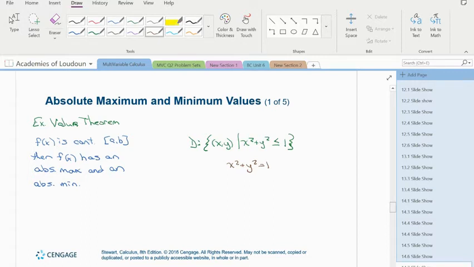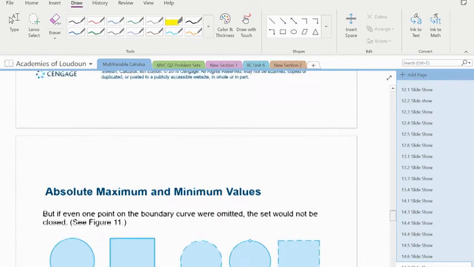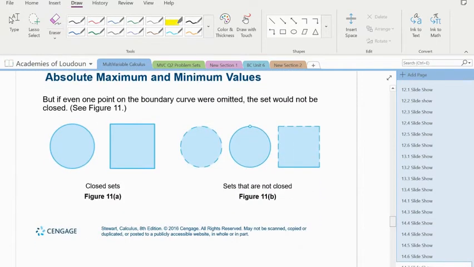So let's look at some pictures here. If one point on the boundary curve were omitted, the set would not be closed. So for example, in figure 11a, we have closed sets. In figure 11b, we have sets that are not closed, where in this circle, this would be x² + y² less than or equal to r².